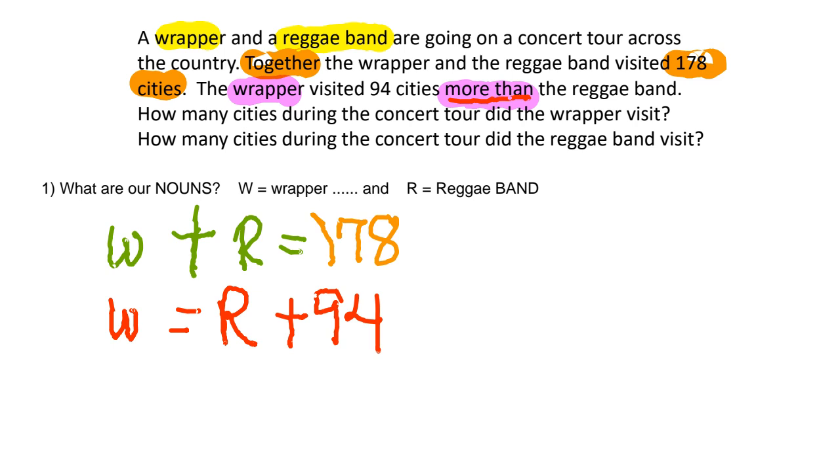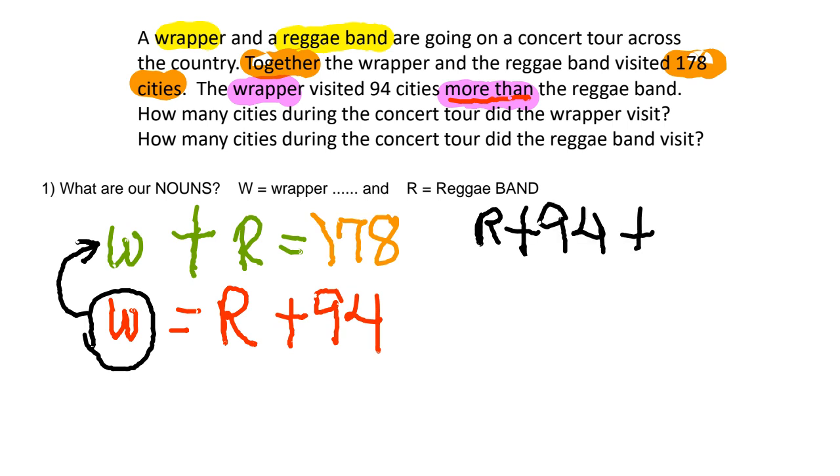I have my system. This W is going to be substituted into this equation, which means R plus 94 plus R is equal to 178. I'm using this equation as my home. 2R.